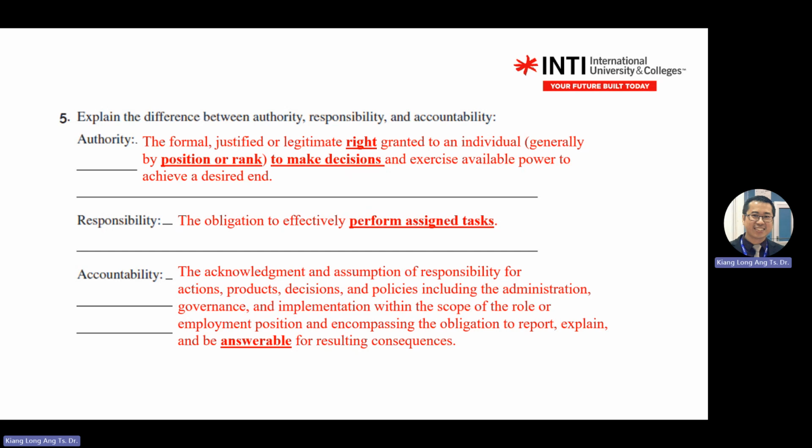But if you cannot remember, just mention the correct word and then elaborate. Authority is a power or right to make decisions. Responsibility is to perform the tasks. Accountability is being answerable for the consequences.